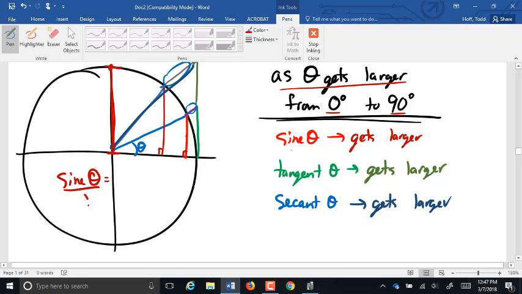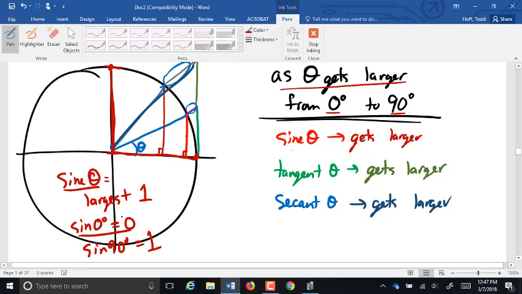So the sine of theta has a largest value of 1. At 0 degrees, what's the sine? What's the distance from here to my reference axis? 0, right? So sine of 0 degrees is 0. Sine of 90 degrees, we said, was 1.